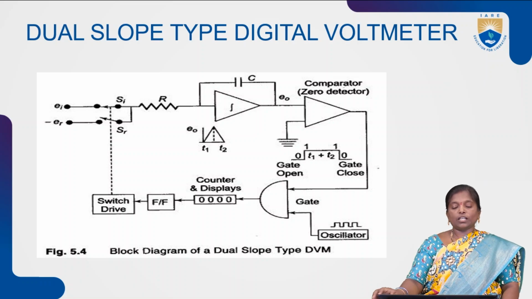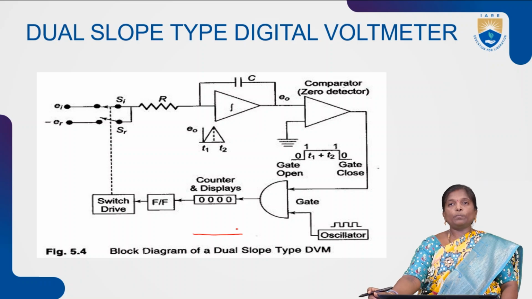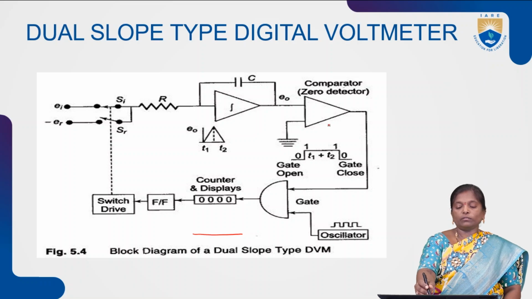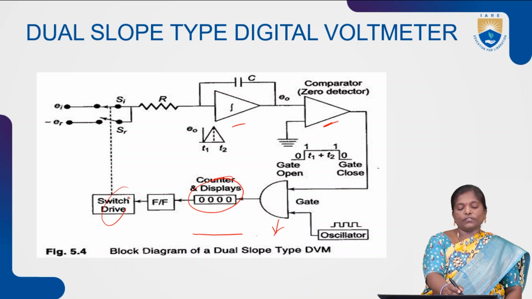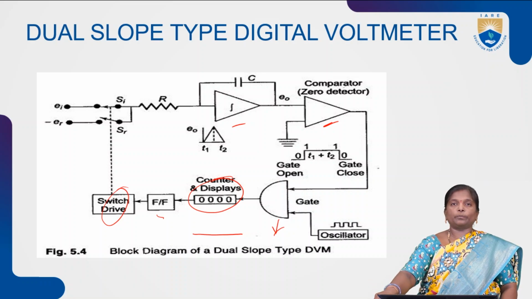This is the construction of the dual slope digital voltmeter. In this dual slope type of digital voltmeter, we have a comparator, integrator and counter. Next, this is a gate, a switch drive and a flip-flop. These are the main blocks present in the dual slope integrating type of digital voltmeter.